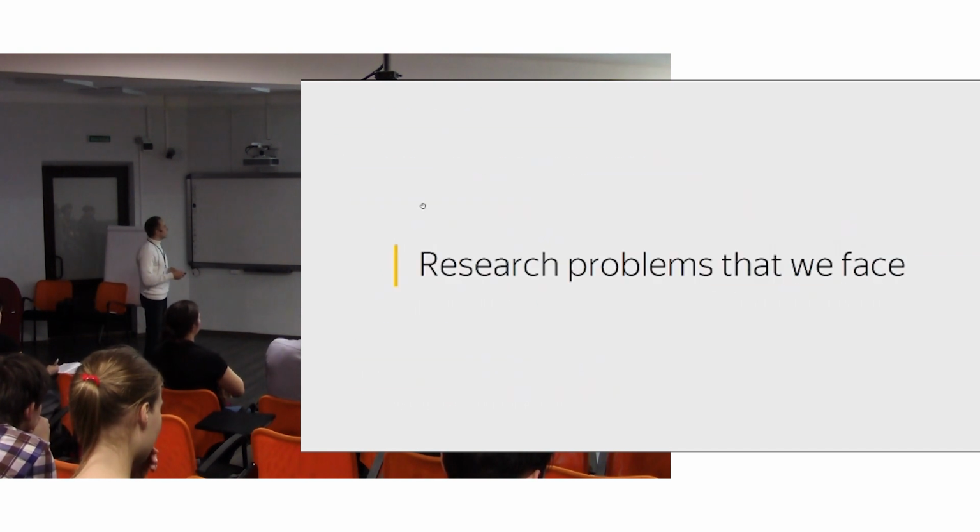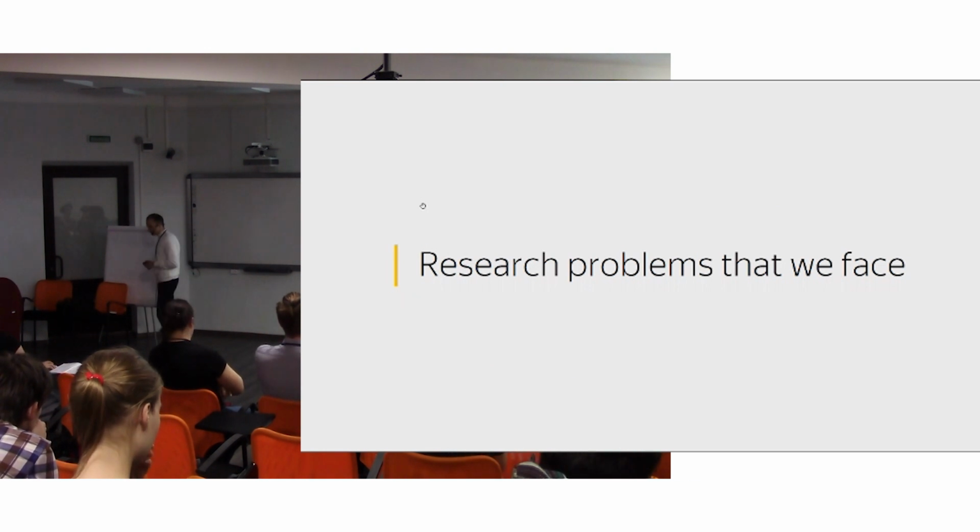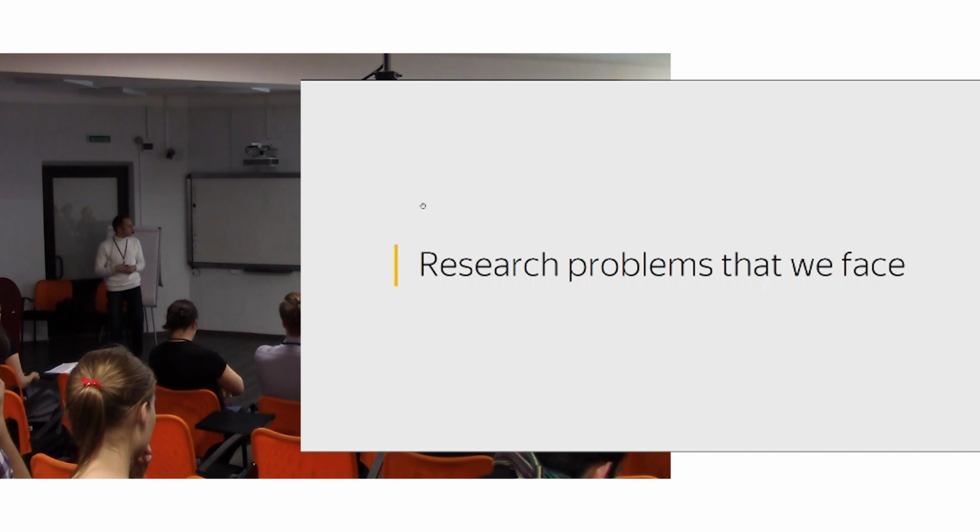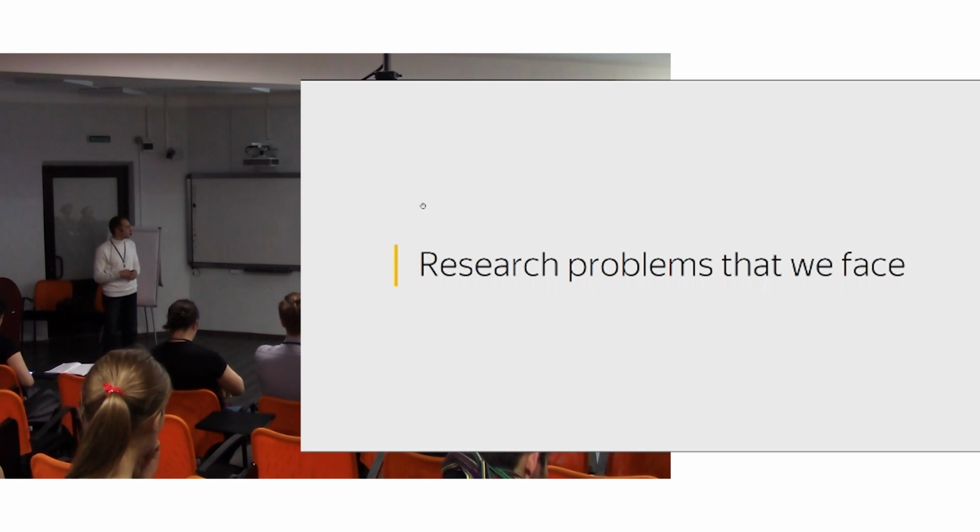Okay, and let us proceed to the final part of our talk. These are the challenges, and mainly the research problems, that we face and that we are trying to solve and that we want to cooperate on.